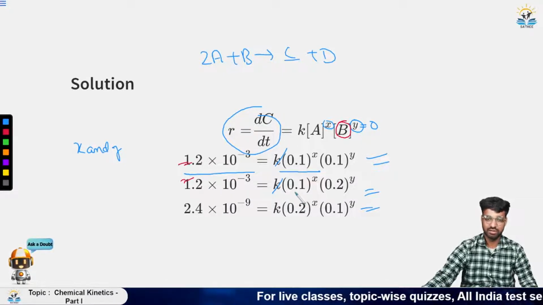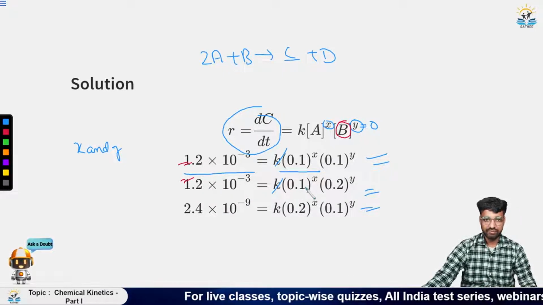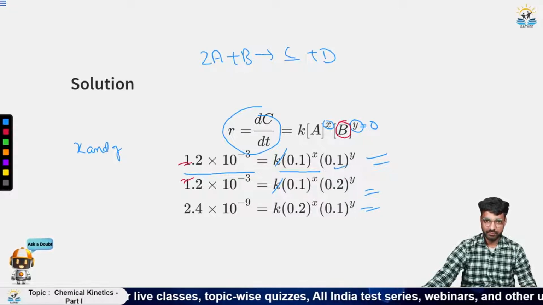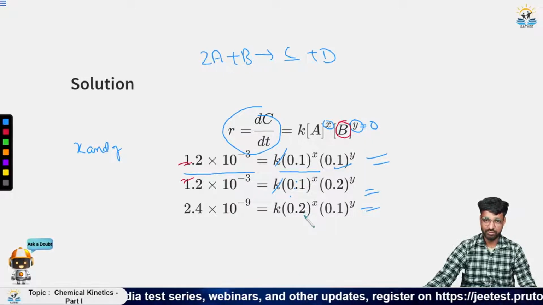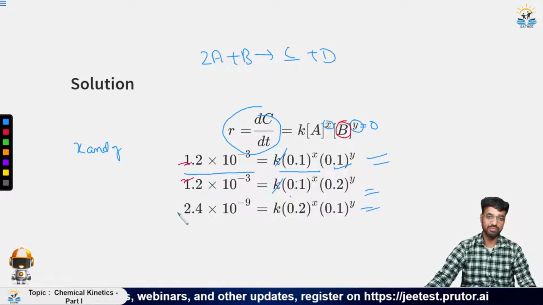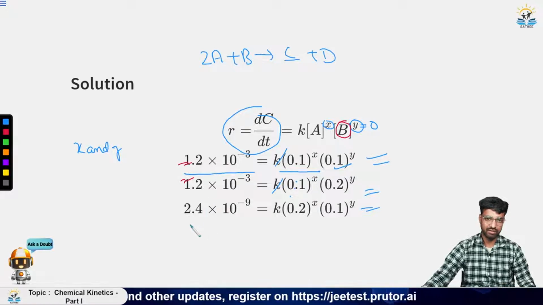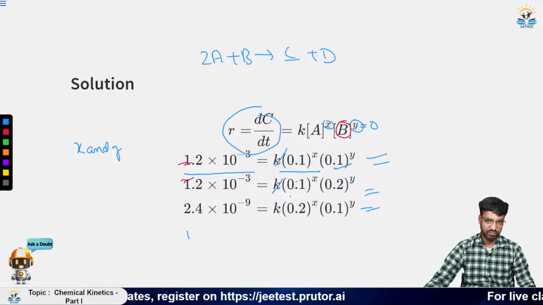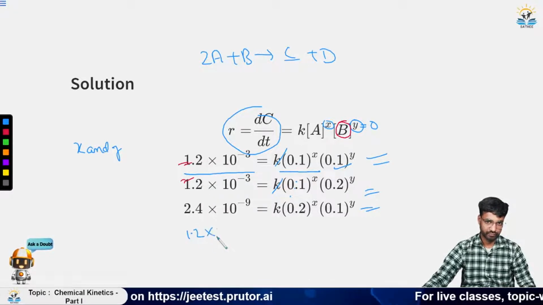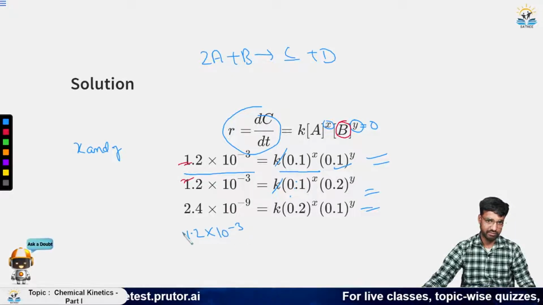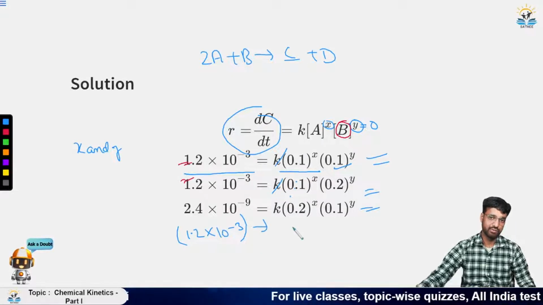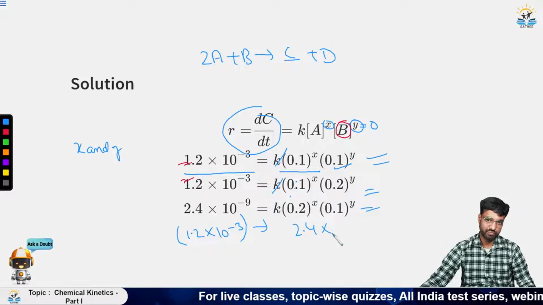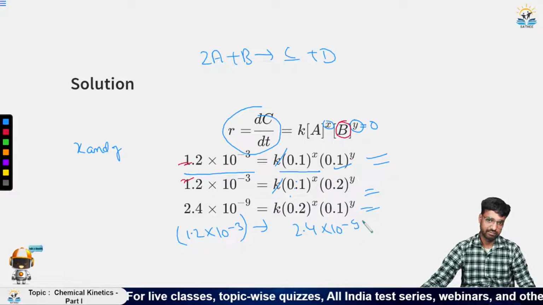Now further, keeping this constant, we are doubling this one, that is 0.1 into 2, so it will be 0.2. Then we can see a clear jump: 1.2 into 10 to the power minus 3 is going to 2.4 into 10 to the power minus 9.